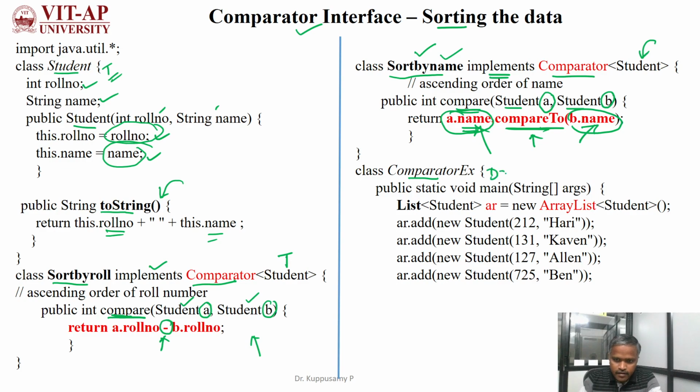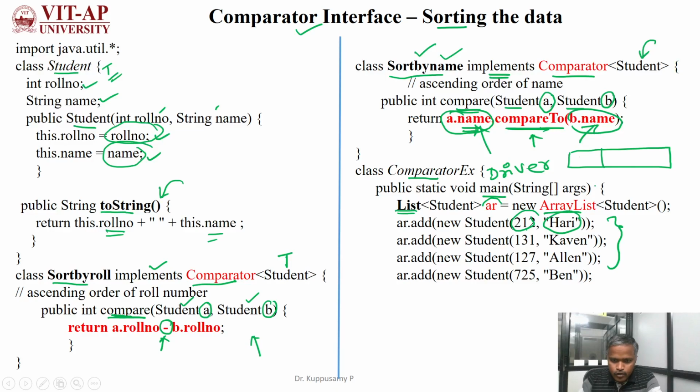Now I am going to define one more class. This is the driver class, because the main method is defined inside ComparatorEx, and inside the main method I am creating an ArrayList. Inside the ArrayList I am defining 4 values. These values are stored in the variable AR. This AR implements the List interface. So now my array structure has 4 different values with their roll numbers and names.